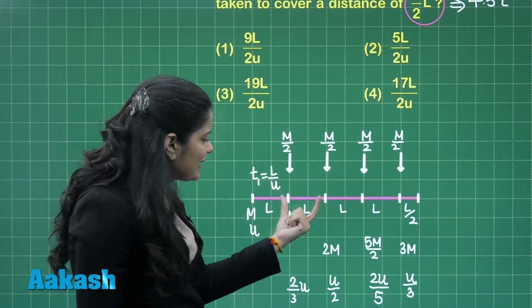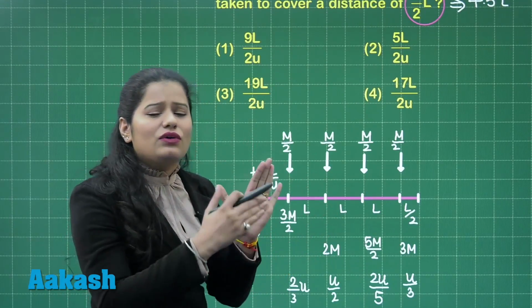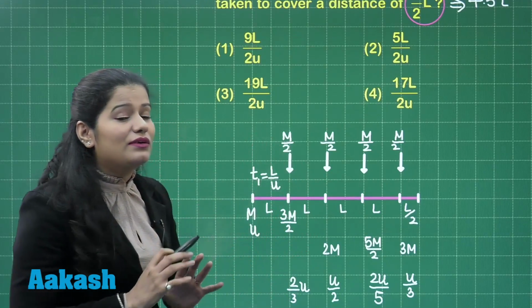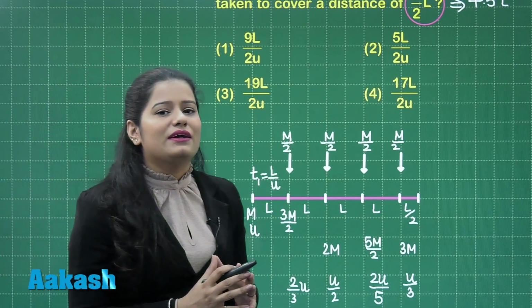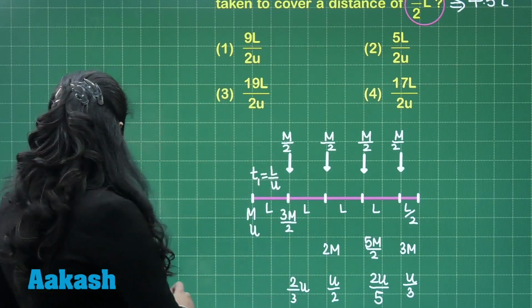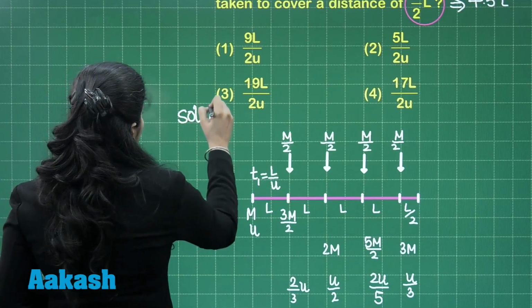Now for this second interval of length, what do we need to find out? The velocity or the speed with which it is going to move. To find that, we apply the law of conservation of linear momentum. This question was based on the law of conservation of linear momentum.